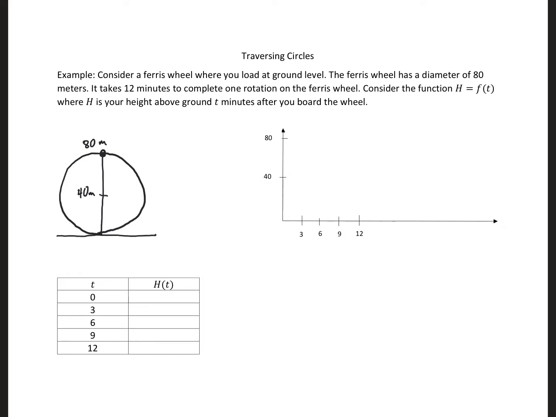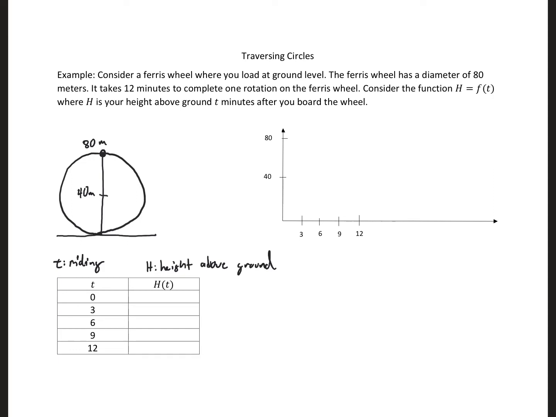As we begin to move along this Ferris wheel, remember we are inputting t as minutes of riding. Okay, so t is our minutes riding the Ferris wheel. And h, this is our height above ground. So it's important to consider those as we look at this Ferris wheel.